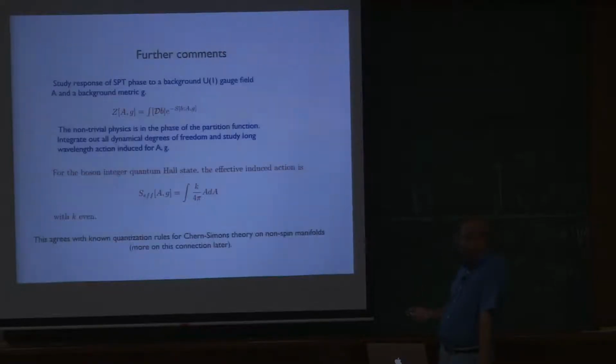Okay? In the model that you studied, that showed us in more detail, this K was 2. Exactly. You already showed us before. That's right. But sorry, Senthil, now the thing I don't understand well enough is, so you have a mass for this B field. I mean, showing that you don't get the gravitational Chern-Simons term and you get exactly 1 over 4 pi. How easy is that? Oh, it's an interacting theory and so on.